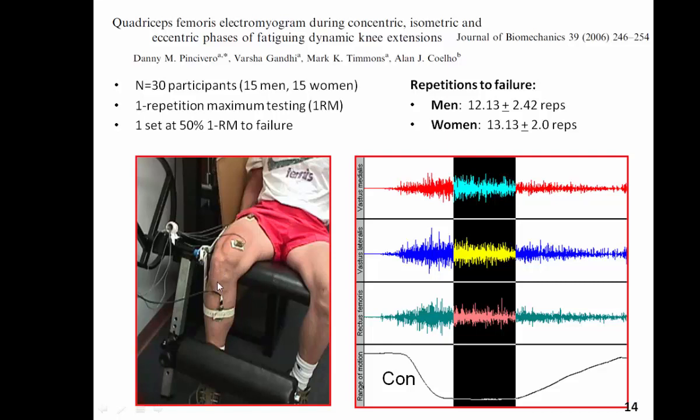The insertion of the patellar tendon is moving closer to the origin of the entire muscle group, which is located on the pelvis, at least for one muscle, and along the femur for the other three.